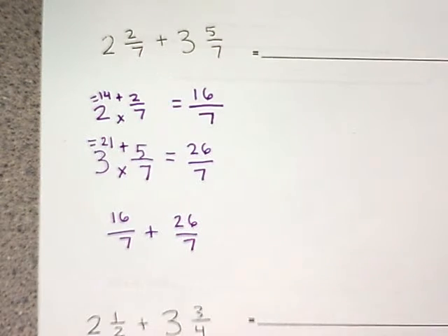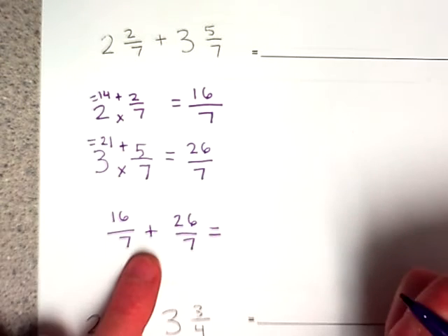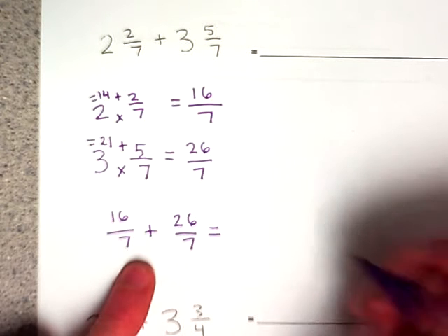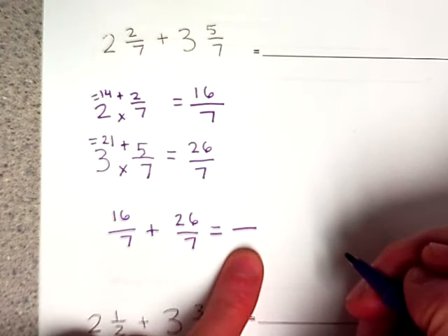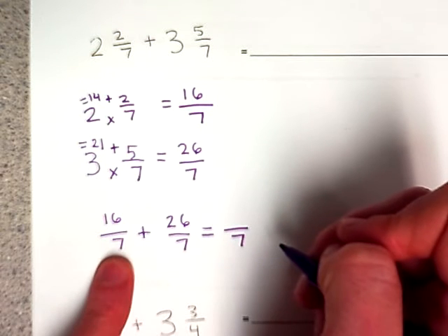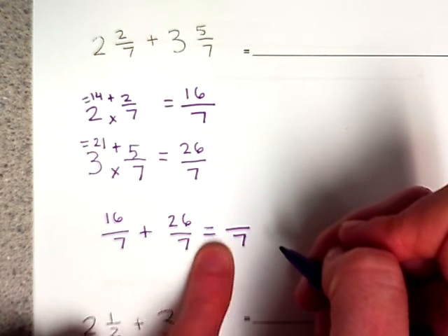And then all I have to do is add them. When you add fractions, the denominators need to be the same. So goody goody, they're the same. And when that's the case, you keep the denominator the same. Since these both are 7, it remains 7.